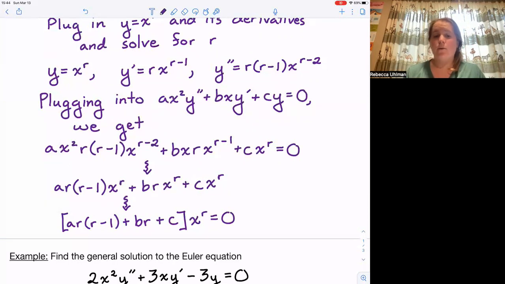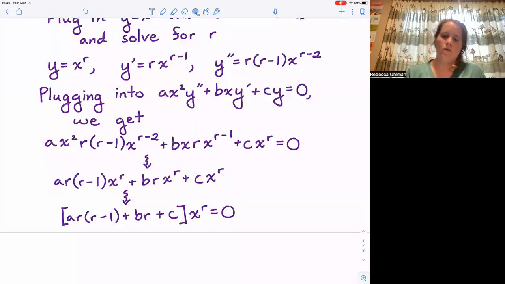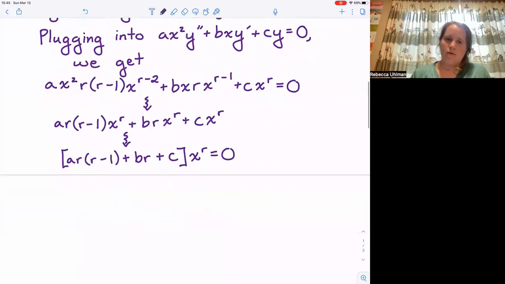Now x to the r equals 0 only at 0, so the part on the coefficient would have to equal 0. So to make this 0 everywhere, we wind up getting that ar times r minus 1 plus br plus c must be equal to 0.